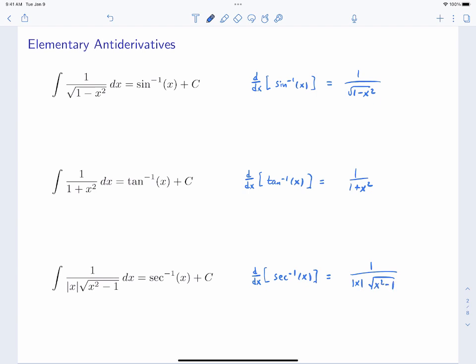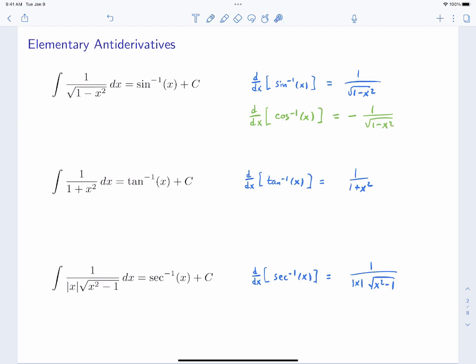One thing that you might notice is that there isn't an antiderivative that results in inverse cosine. That's because of the relationship between inverse sine and inverse cosine. In fact, we have a derivative rule for inverse cosine, which is very similar to the one for inverse sine. The derivative with respect to x of inverse cosine of x is equal to the opposite of 1 over the square root of 1 minus x squared.